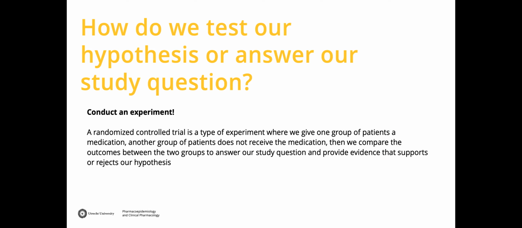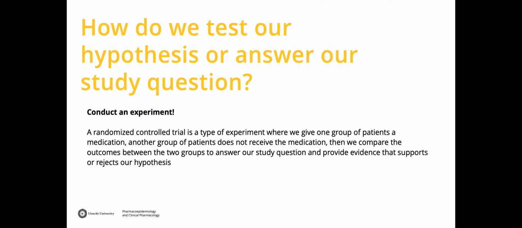A randomized controlled trial is just a type of experiment where we give one group of patients a medication, and then we give another group of patients something that doesn't receive that particular medication we're studying. And then we compare the outcome between the two groups to answer our study question. And then that is going to provide evidence that supports or rejects our hypothesis.